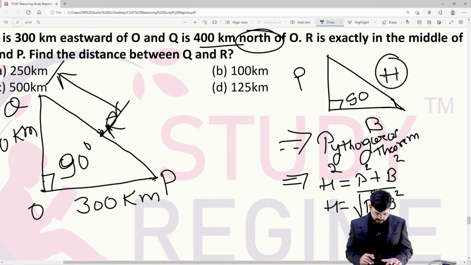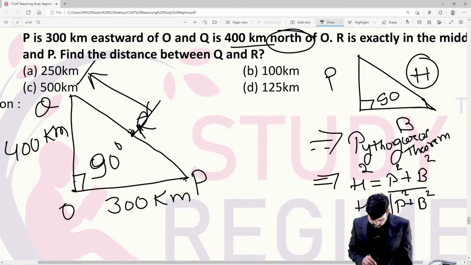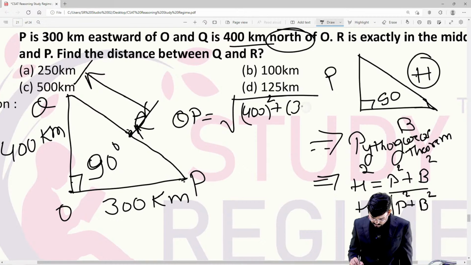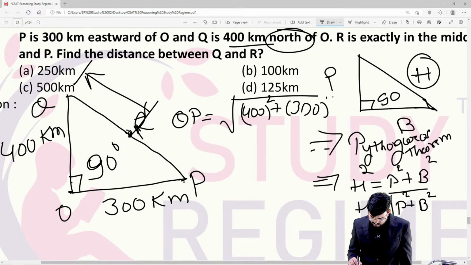Okay, now apply it in this. Here in this question, by applying the Pythagoras theorem, I will get the value of QP. This is the hypotenuse. Write it down: under root of 400 square plus 300 square.